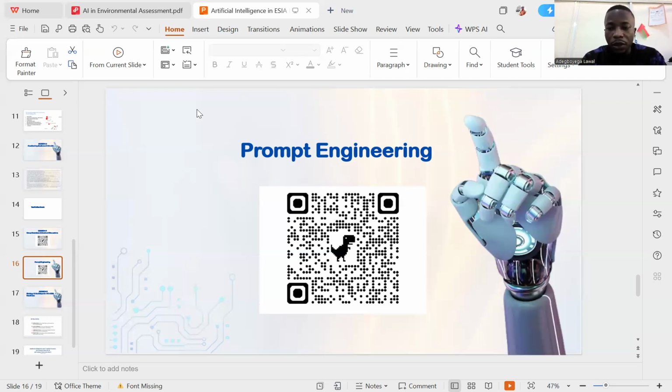So the concept is very simple. It can work for EIA report, ESMP, PIA, audit, any kind of report. What you just need is to develop your own prompt. I have developed a series of prompts for EIA reports for different sectors, for manufacturing, for BTS, for oil and gas, and for any sector that is available.